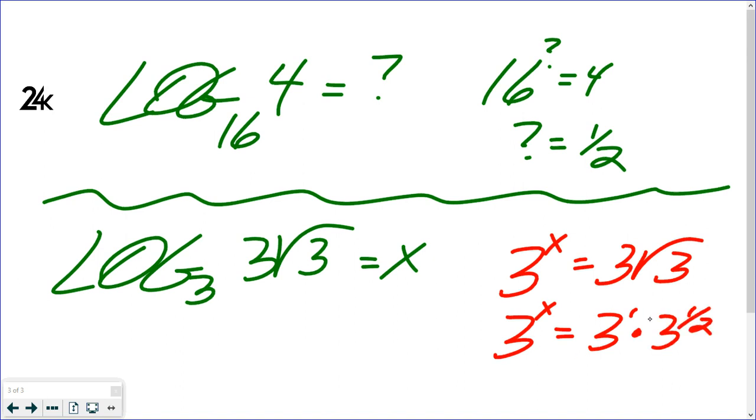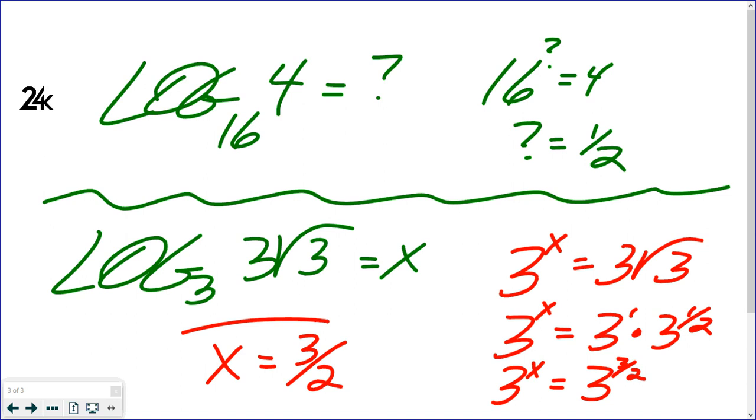Then you would add those powers. So 3 to the x equals 3 to the 2 halves plus 1 half is 3 halves. And then x would just be 3 over 2. I haven't used my calculator yet. I've done them pretty much in my head. Let's try another one.